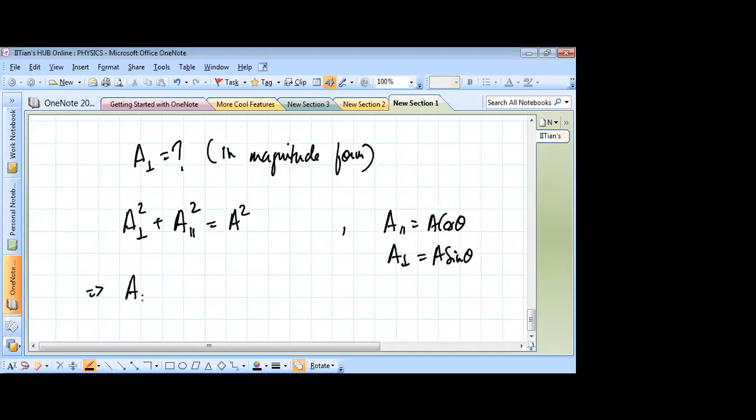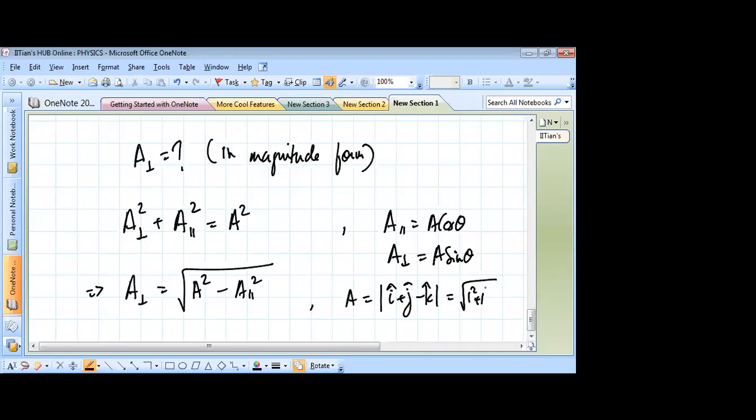Therefore, E perpendicular can be calculated as the square root of E square minus E parallel square.